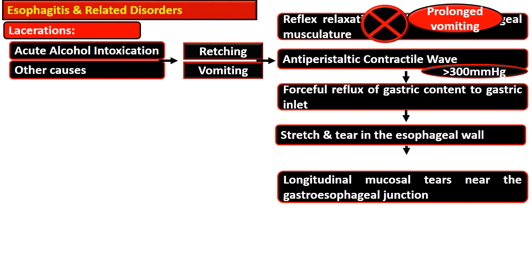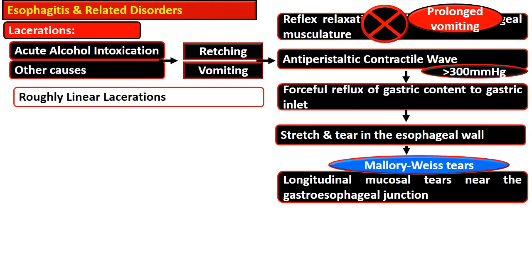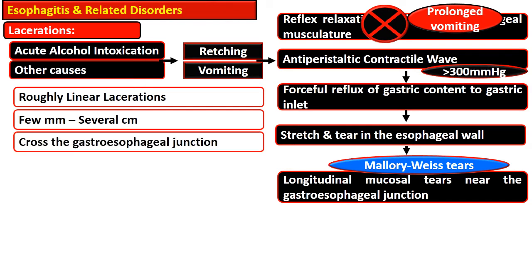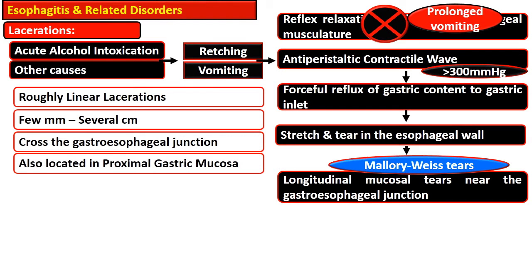These are the longitudinal mucosal tears present near the gastroesophageal junction, termed Mallory-Weiss tears. These are roughly linear lacerations, from a few millimeters to several centimeters in size, that cross the gastroesophageal junction.